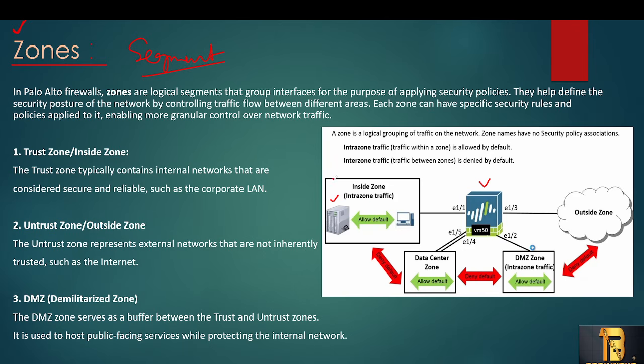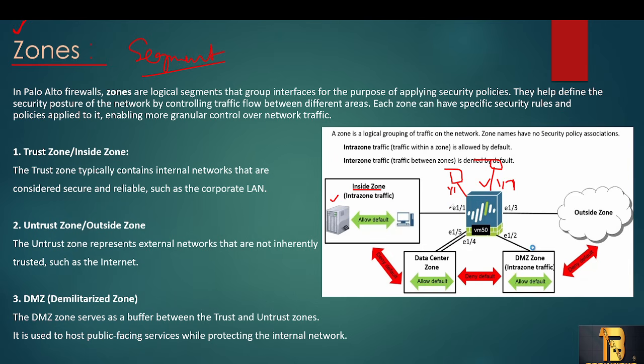In that case, we are going to create a zone, and decide which interfaces need to access this server. Let's assume this interface has a user, and one more interface has a user only. Here we have ethernet 1/1, and let's assume 1/6, and here 1/7.